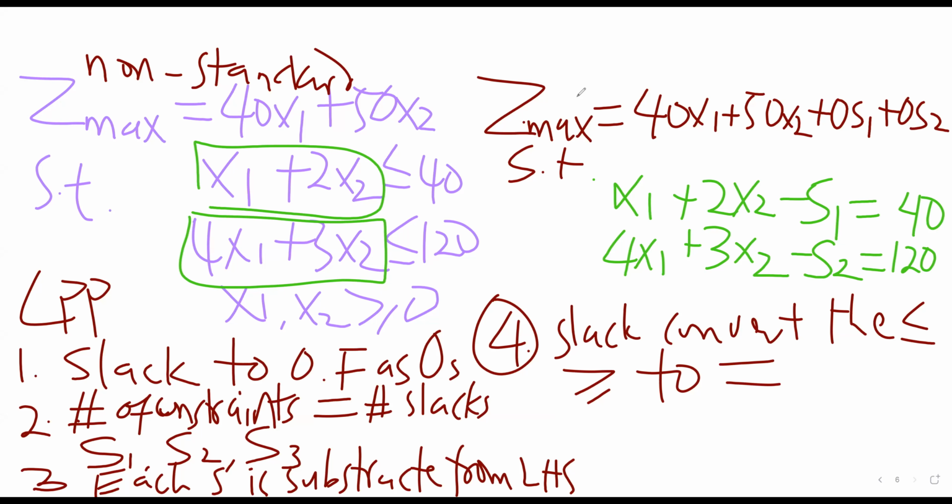So that one more constraint is x1, x2, s1, s2 greater or equal to 0. That last constraint is also the non-negativity constraint, but this time the slacks have been included.